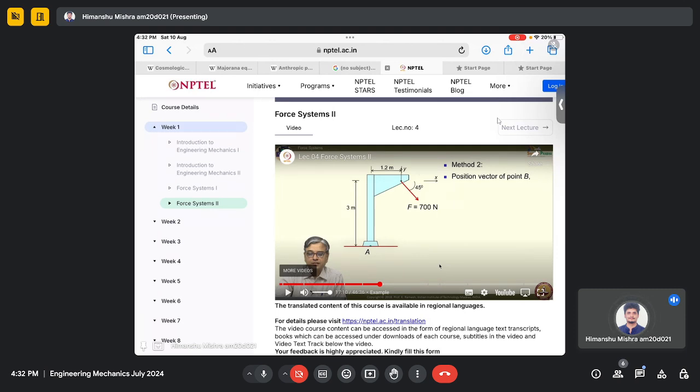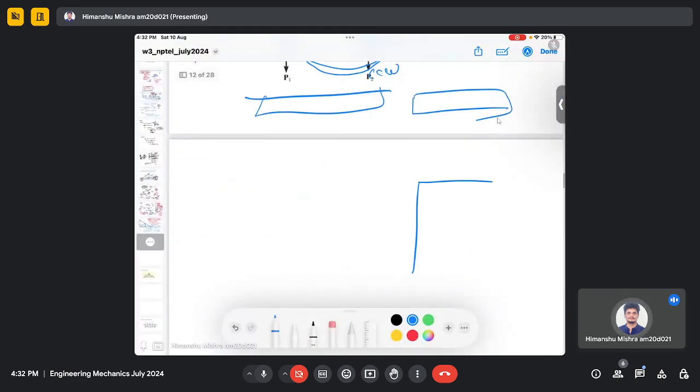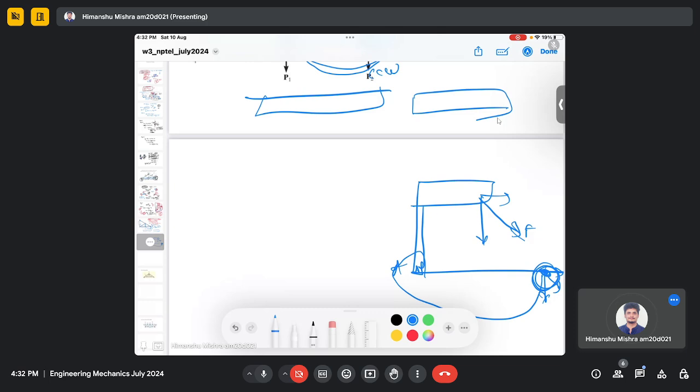So let's say this is your problem. This is A. This is the force. What we did, we actually transferred this force to here, and we took the moment and component here, and then we took the moment of this force about A, and we found the same answer. And you can actually transfer this force here also.